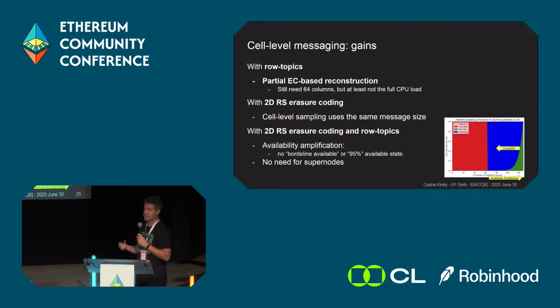And with that, we are getting another important property, which I call availability amplification, which basically means that there are no situations when in the network you have borderline available scenarios, because those are the worst ones for us. In a borderline available scenario, that is 60% of the full matrix is available, there would be nodes voting for it, there would be other nodes not voting for it.